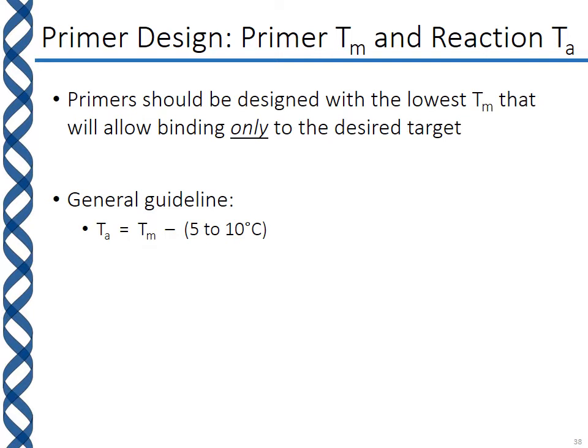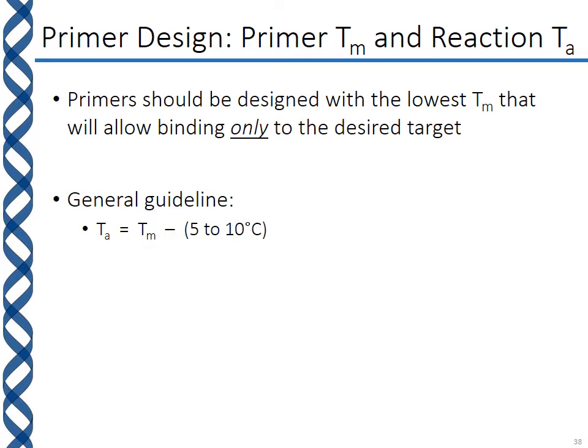So if you think back to slide 23, the thermodynamics slide, the primers bind to all of the DNA everywhere. What determines whether they stay bound is the TM of that particular binding at that site, as well as the amount of energy you're putting into the system, which in this case is the TA.